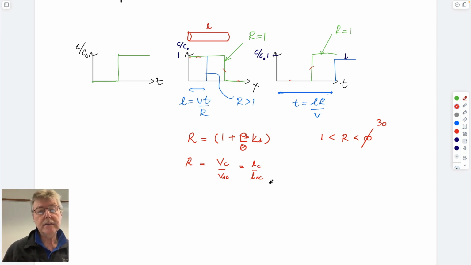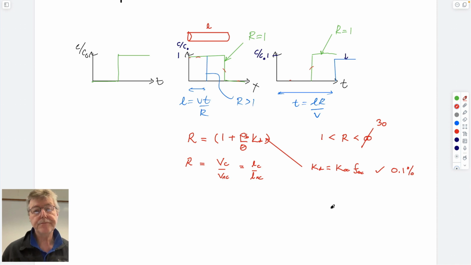And so from this we want to get K sub D. We can get that from natural gradient tracer tests, but we can also get it from the organic carbon partition coefficient and the fraction of organic carbon, if there's more than 0.1% organic carbon.